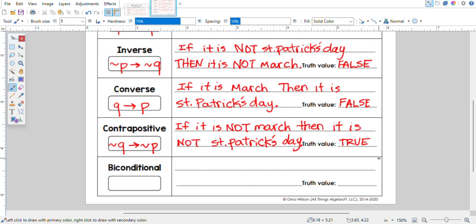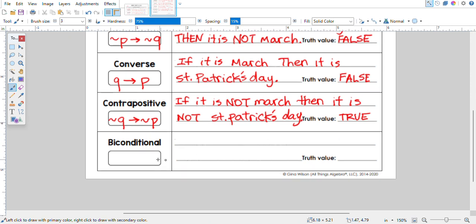And the last one is called biconditional. Biconditional means that we have to go both ways. It has to work with both.